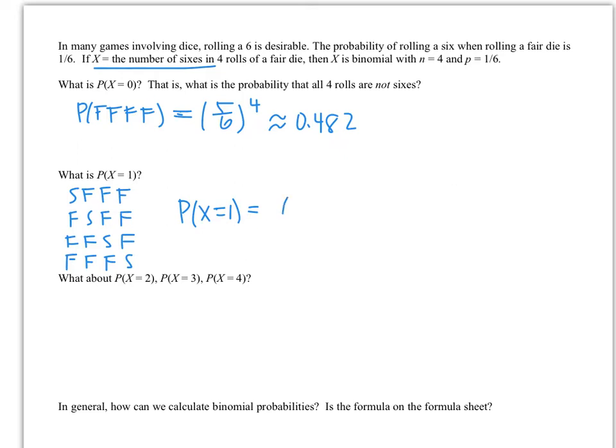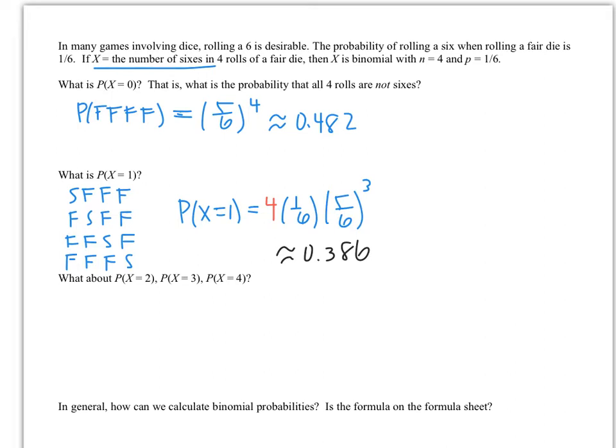So the 1 success is 1/6, that's for rolling a 6. The 3 failures are 5/6, but I have to cube it. Then, because there are 4 different options, I have to multiply by 4. Okay, so this ends up being about 0.386.